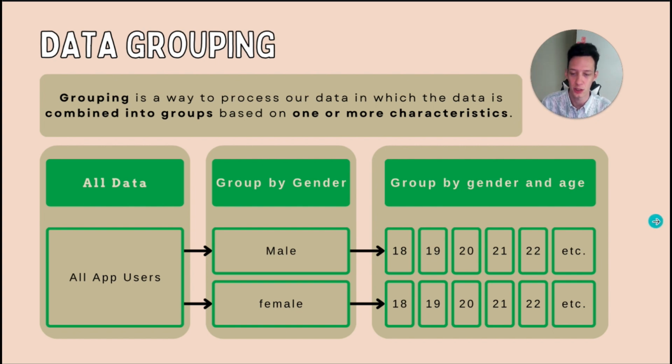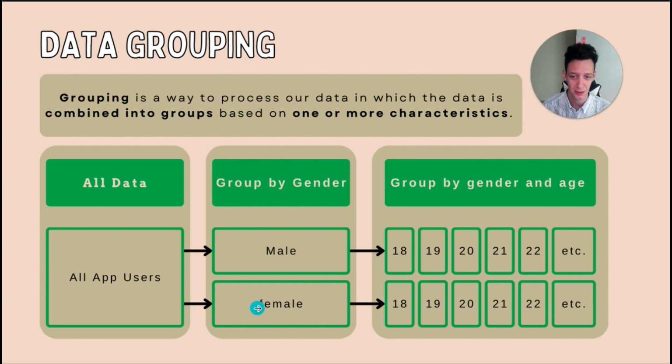So imagine we have a large data set and it starts here. This is like all app users. It could be 100,000 users. Well, that's a lot of people, right? Maybe I want to categorize them in order to find more specific details about them. So I could begin maybe by grouping by gender. That would narrow it down quite a lot.